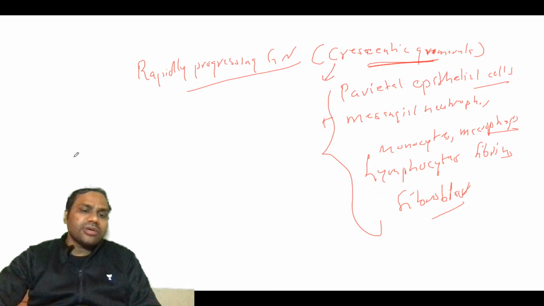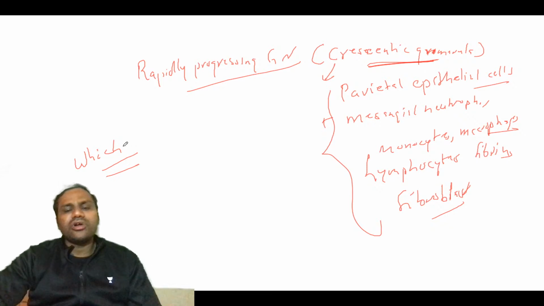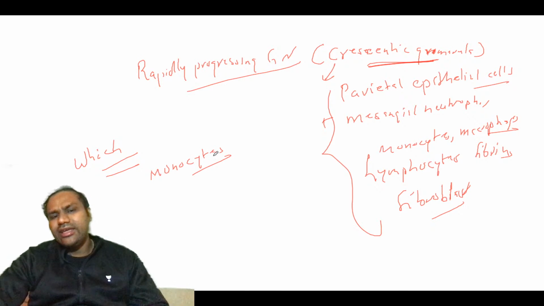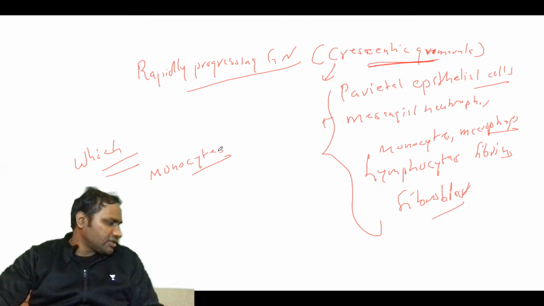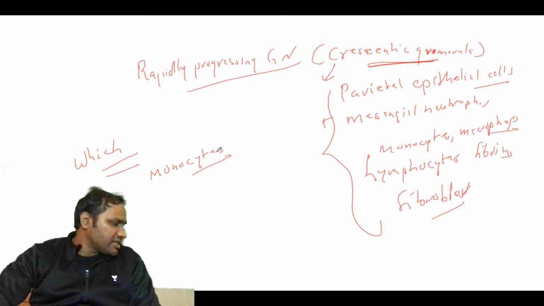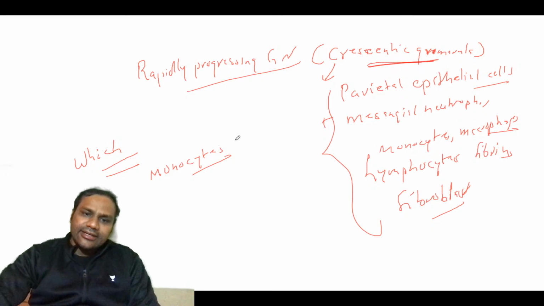Among these, which is the most important component? You need to know monocytes. Monocytes are the most important component in case of early rapidly progressive glomerulonephritis.